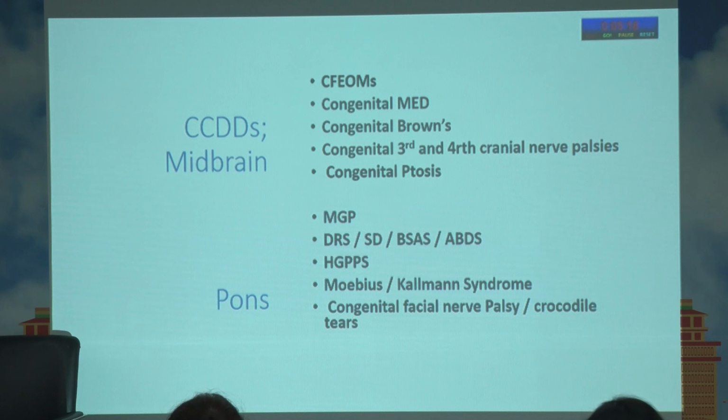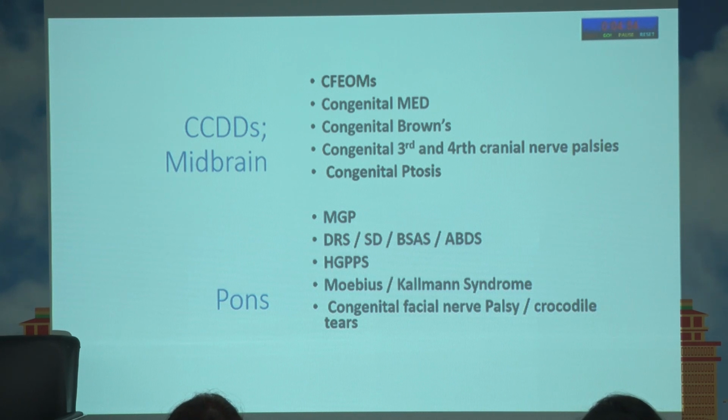Then at the level of the pons, you have Marcus Gunn jaw-winking phenomenon. You have DRS, which is the commonest CCDD, as you all know. You have synergistic divergence, which could be with DRS. And then you have BSAS and ABDS. Now, what are these BSAS and ABDS? Bosley-Salih-Alorainy syndrome, which is seen in Gulf countries.